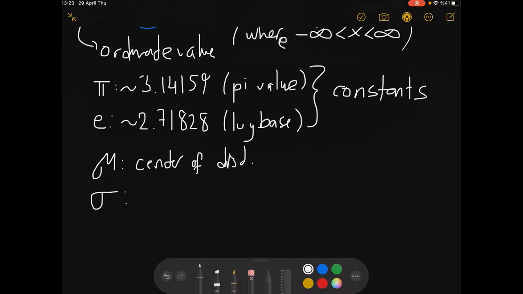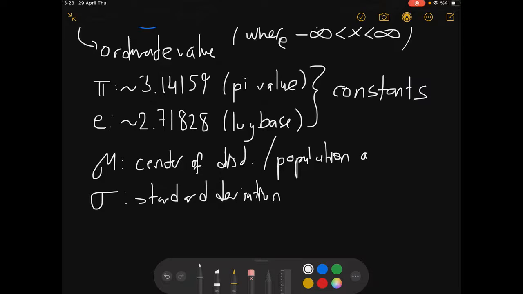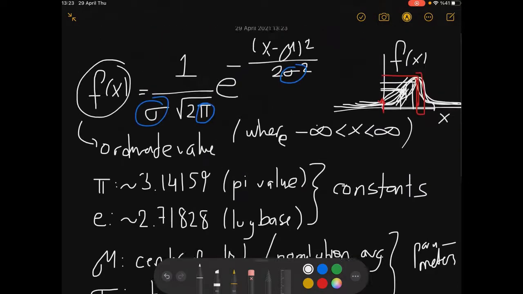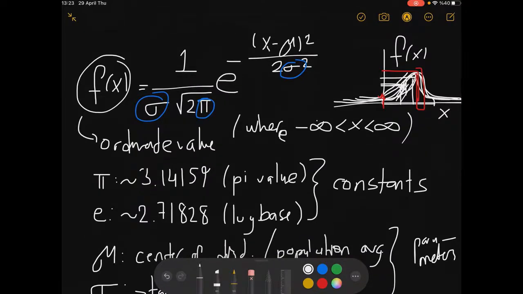and this is your standard deviation. Okay, this is also your population average as well. And these are the parameters of your normal distribution. And of course, your sigma is here.